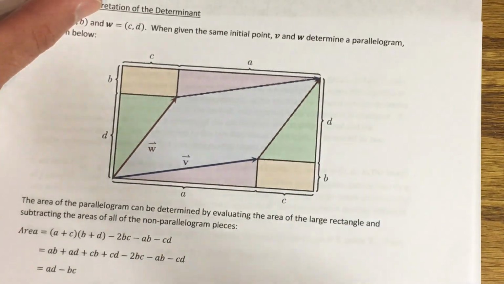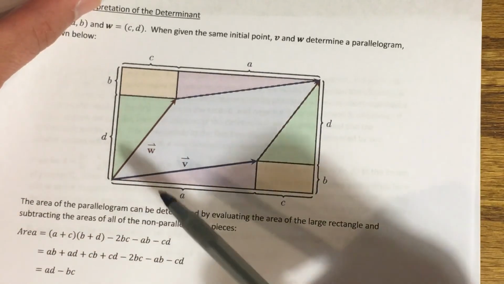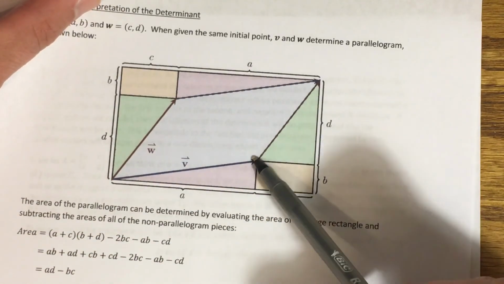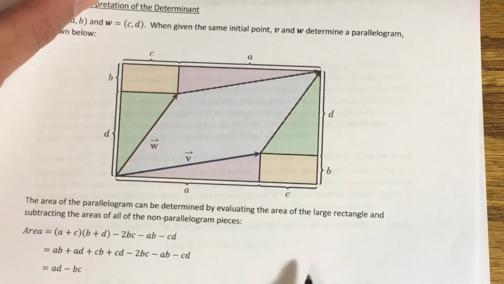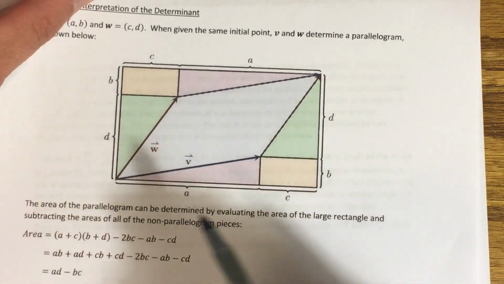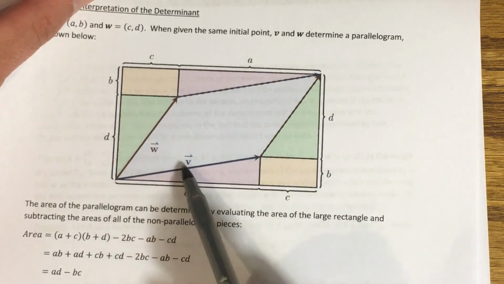So when a determinant comes out negative, you can take its absolute value, and the absolute value will still correspond to the area of that parallelogram. But the fact that it's negative simply means that these vectors had an opposite orientation.